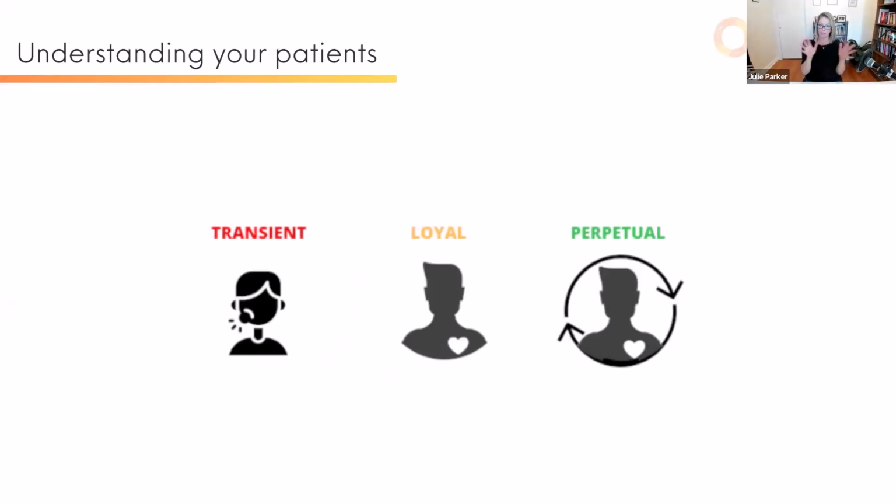If, for example, let's presume that the transients, we're going to fulfil our duty of care and send them one reminder. If they don't respond after that, any further communications will likely fall on deaf ears. With the loyals, we're trying to encourage them to do perpetual behaviour.